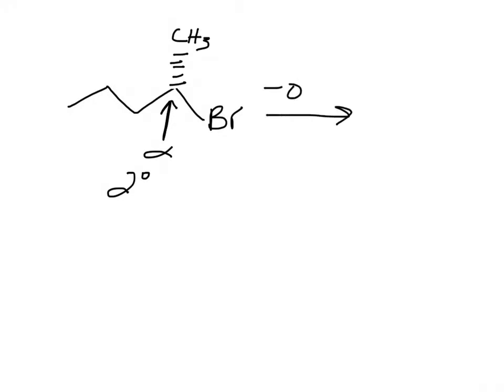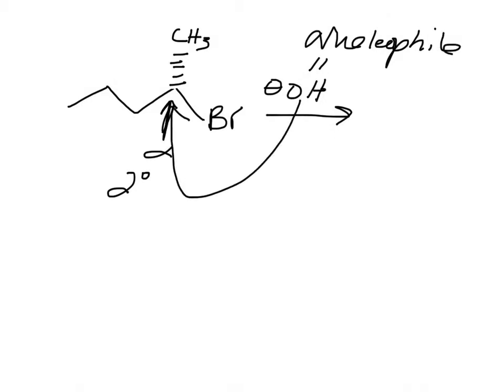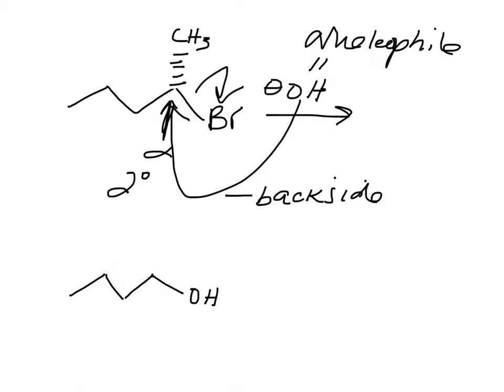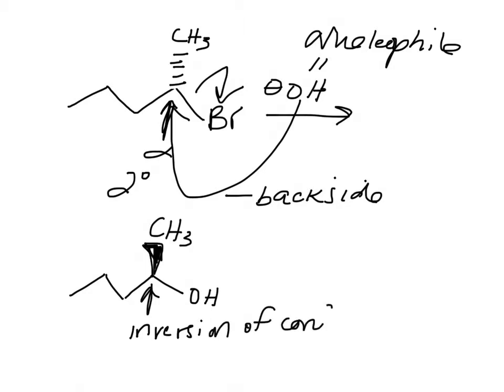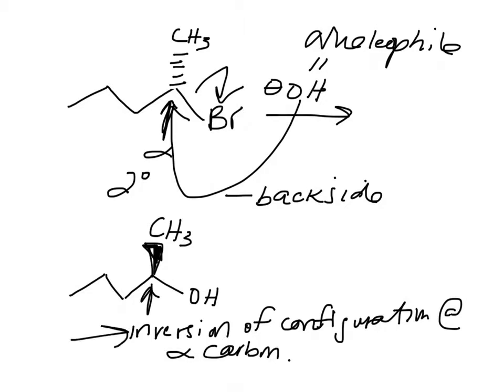When we add OH minus, which is the nucleophile, the OH minus attacks from the backside, the Br leaves, and we have an inversion of configuration at the alpha carbon. This is only true when the alpha carbon is chiral.